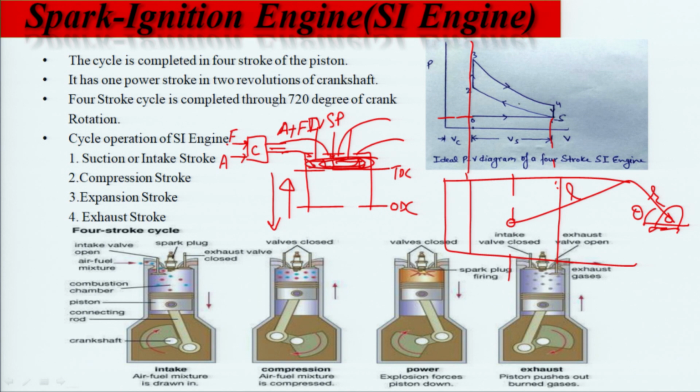So, from 0 to 1, what is happening? From 0 to 1, when the piston goes in this direction, the fuel-air mixture is sucked in. So, 0 to 1 is called the suction process, and I have drawn it as a straight line because it is ideal, taking place at constant pressure, but this does not happen in the actual case.